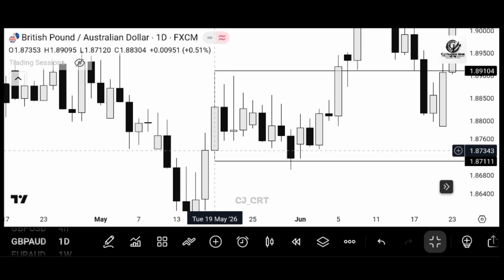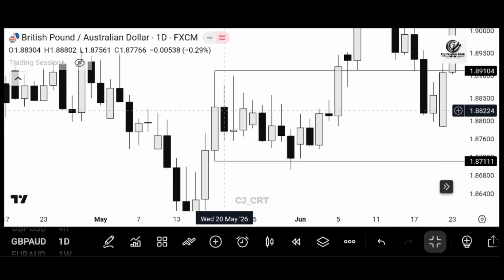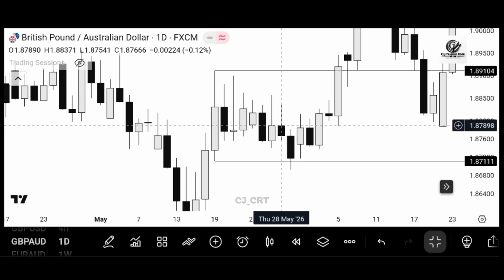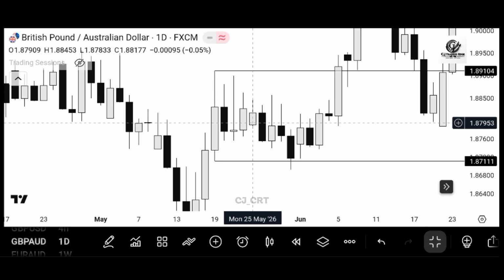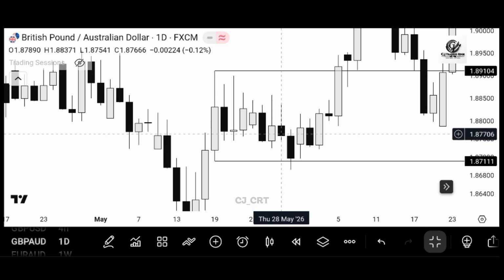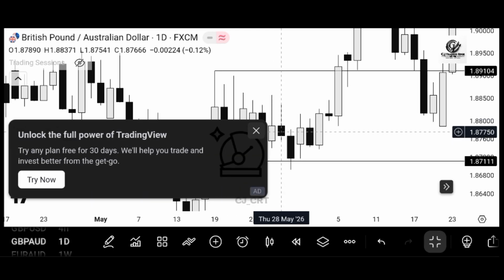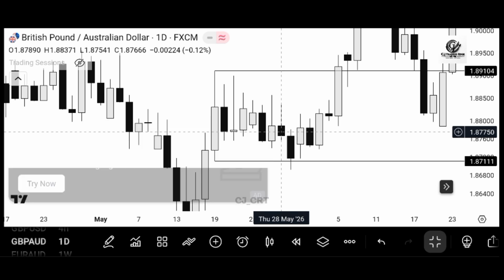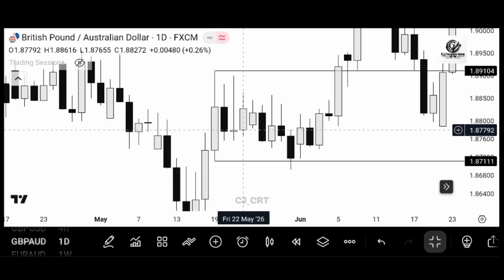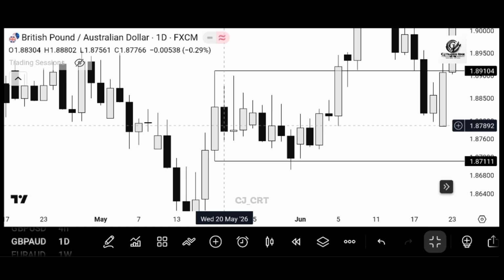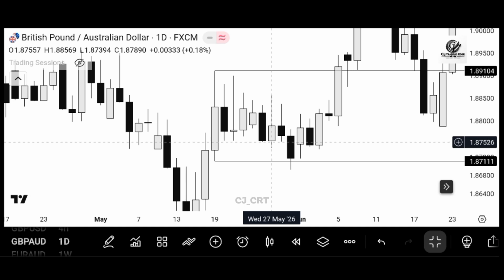And as you can see, all these candles here, they are all ranges. Candle 1, candle 2, candle 3, 4, 5, 6, 7. They are all ranges. Now, if you're a trader that wanted to buy from here and aim for this buy side liquidity, you get stopped out.